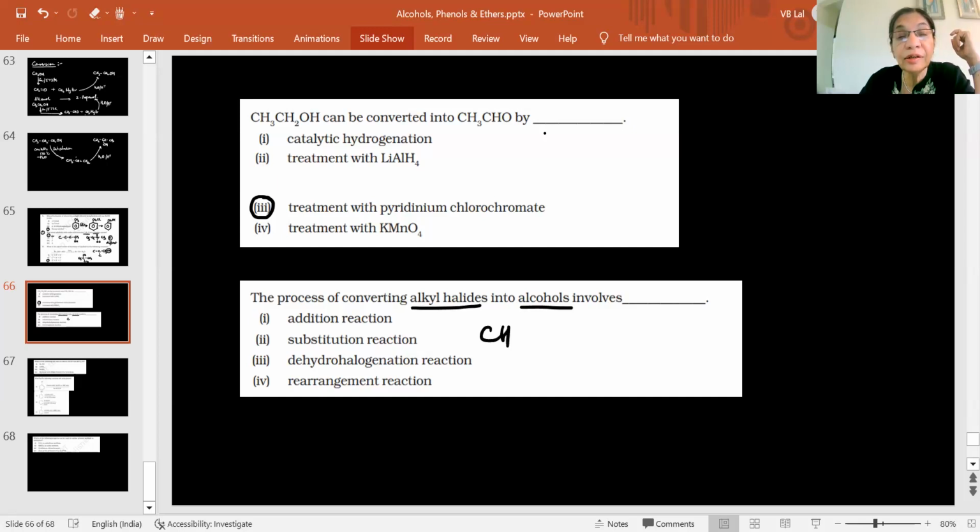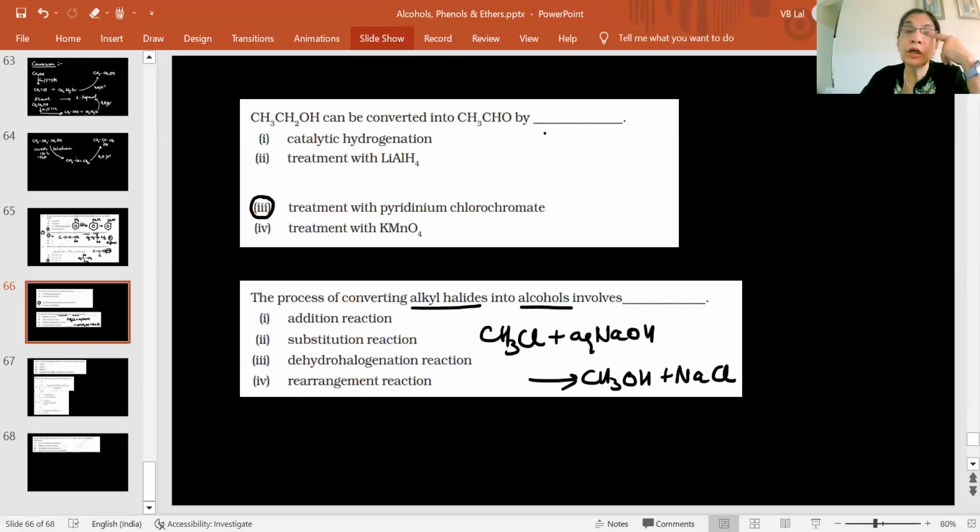I'll write here. This is alkyl halide with aqueous NaOH. What happens? Cl is replaced by OH, CH3OH plus NaCl. Now tell me, what type of reaction is it? Sai Kalyan, you gave a wrong answer. Tell me, what is it?